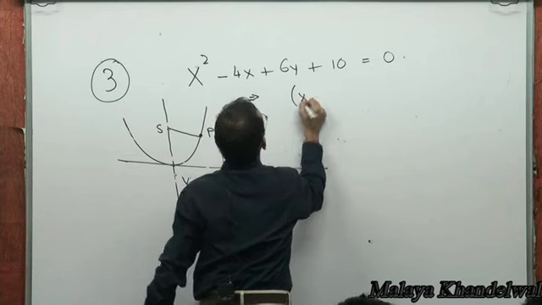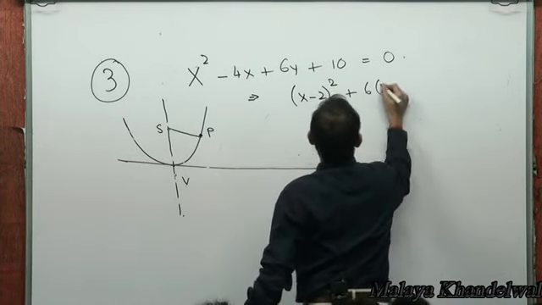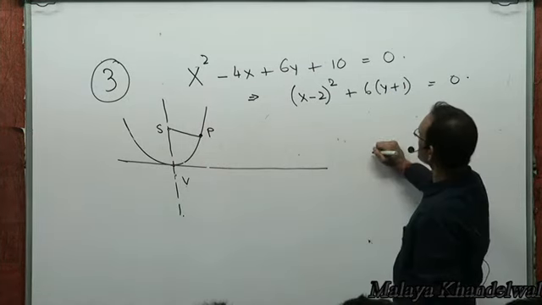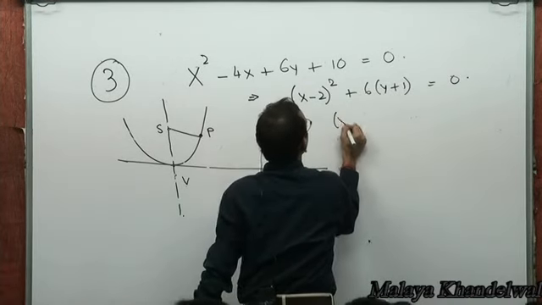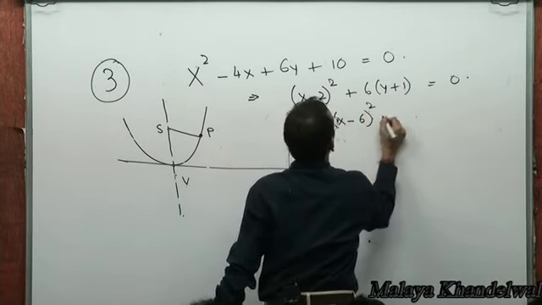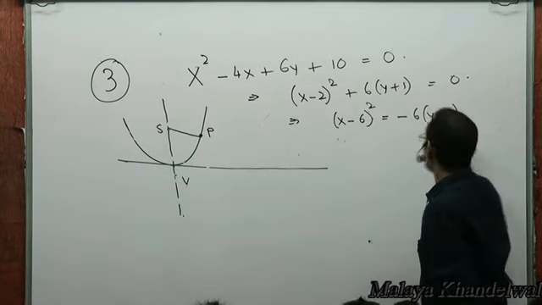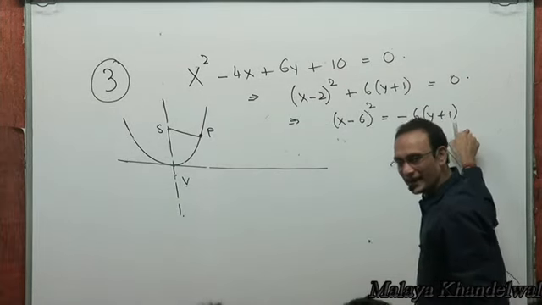This I can write as (x minus 2) whole squared plus 6 into (y plus 1) equal to 0, isn't it? So (x minus 2) whole squared is minus 6 into (y plus 1). If you put the linear term equal to 0, you get the equation of the tangent at the vertex. Right?